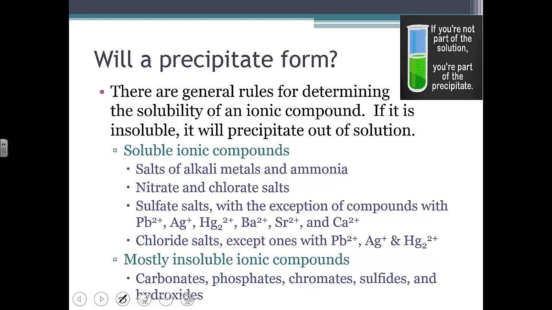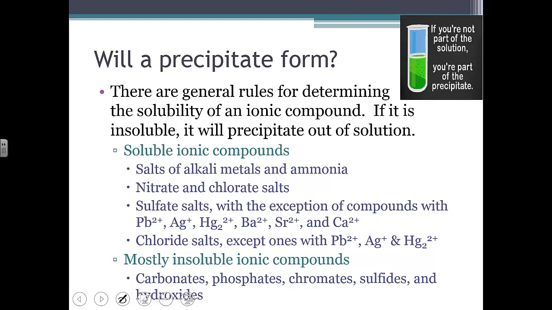So sulfate salts of those 6 ions would not be soluble. They'd come out as a precipitate. And then other soluble salts are chloride salts, with the exception of lead 2 with chloride, that's insoluble. So is silver chloride, which we saw earlier, and mercury 1 chloride.